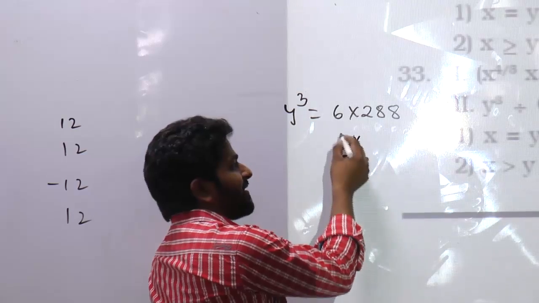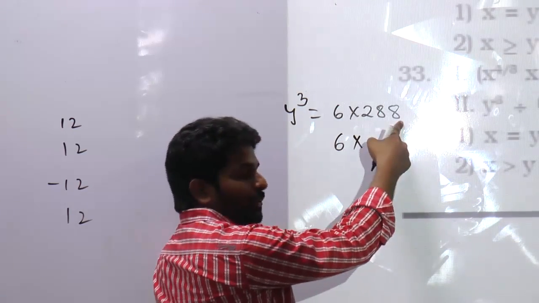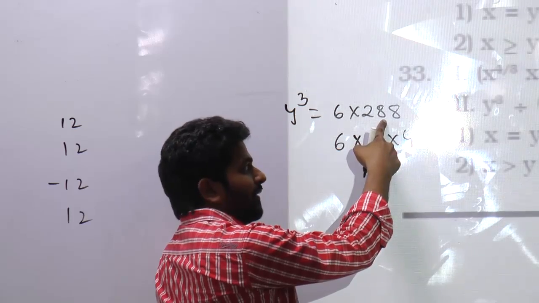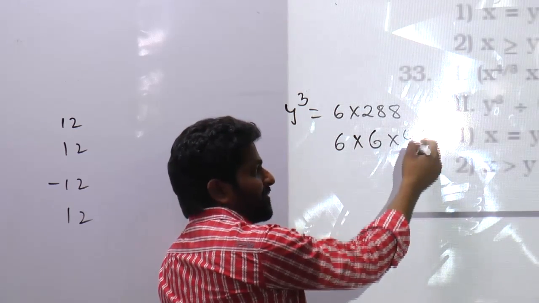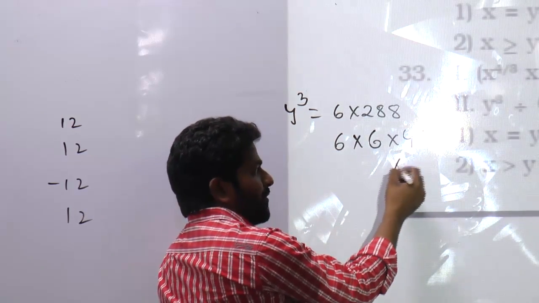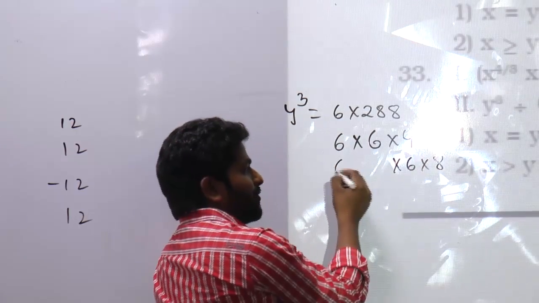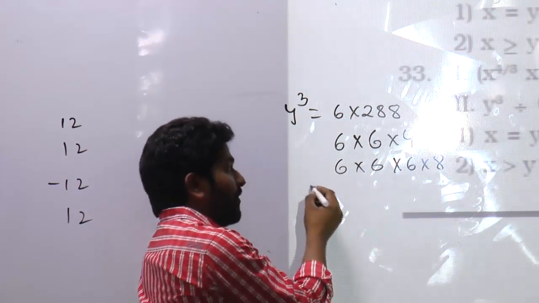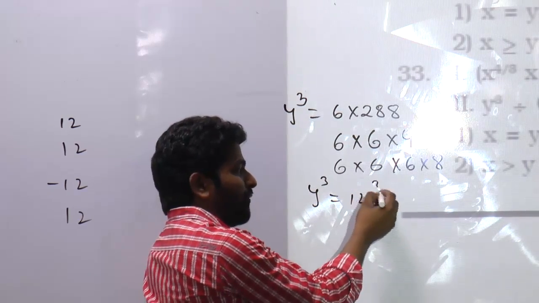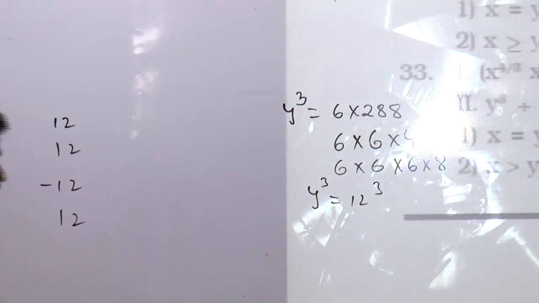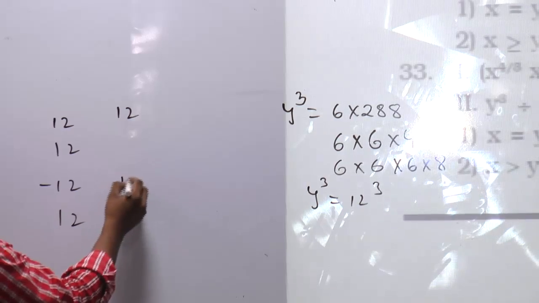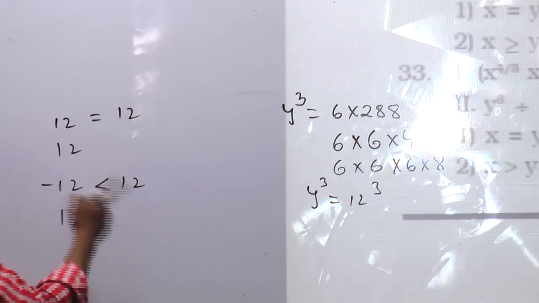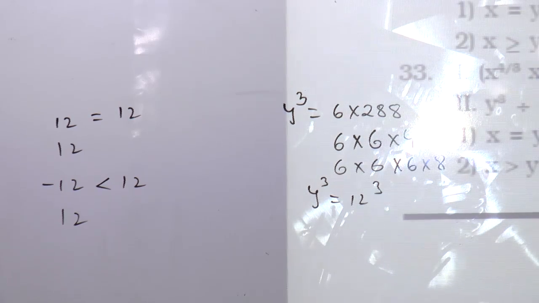Now let me write 288 as 6 into 6 fours 28, 48, 8 times. Again this is a 6 multiple. So this is 6 into 8. So we have 6 cube into 2 cube, which is 12 cube. So y cube is equal to 12 cube, y is equal to only positive number. So x is less than or equal to y.